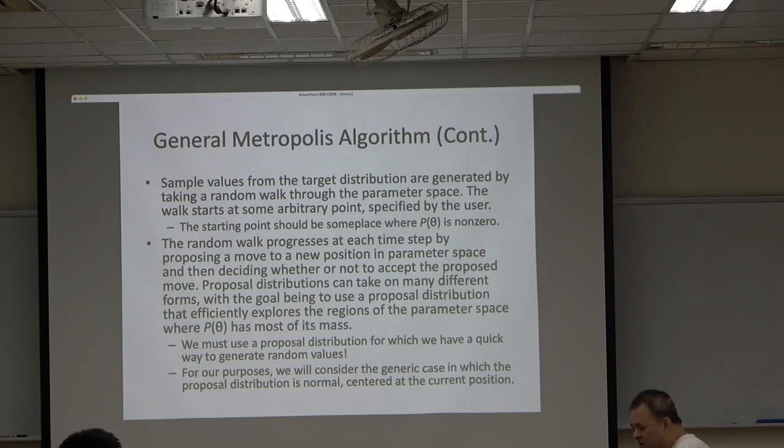Gaussian distribution is simple, and it's easy to draw random values from. I'm not saying you have to use a Gaussian distribution for the proposal distribution. I'm saying it's a good candidate.